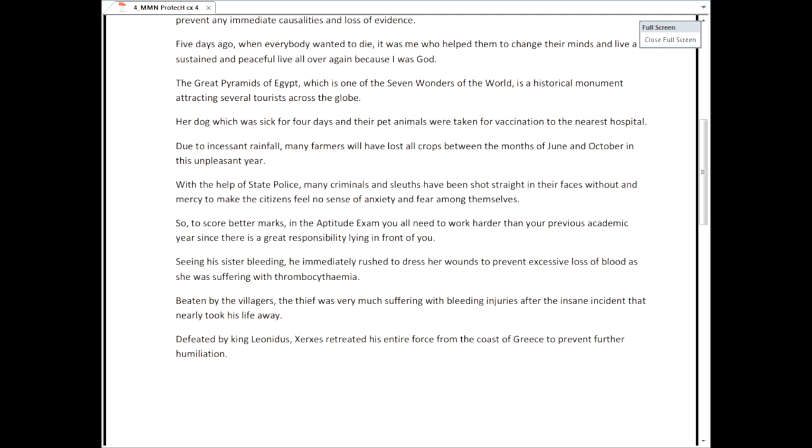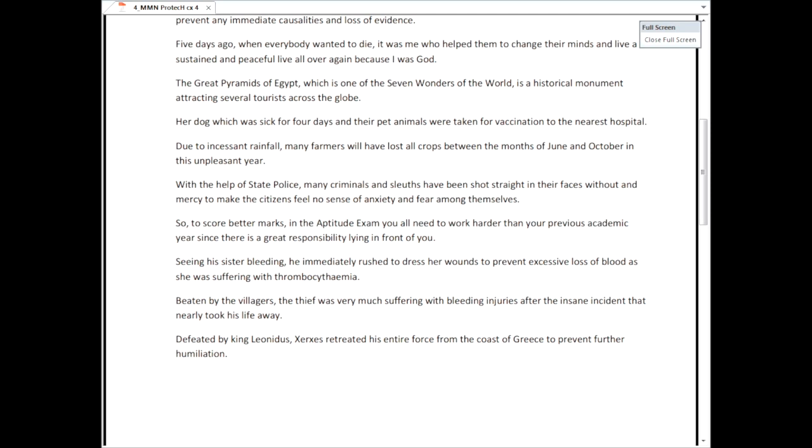"No" is an adjective for this noun segment. Okay, feel no sense of anxiety, connected with a noun. Okay, so it is connected with fear. Feel two things. What? Don't feel sense of anxiety and fear. Feel no sense of anxiety and fear. "Among" is a preposition. Then instead of a noun I got a pronoun, "themselves", which is again a noun. So it works. Got it?